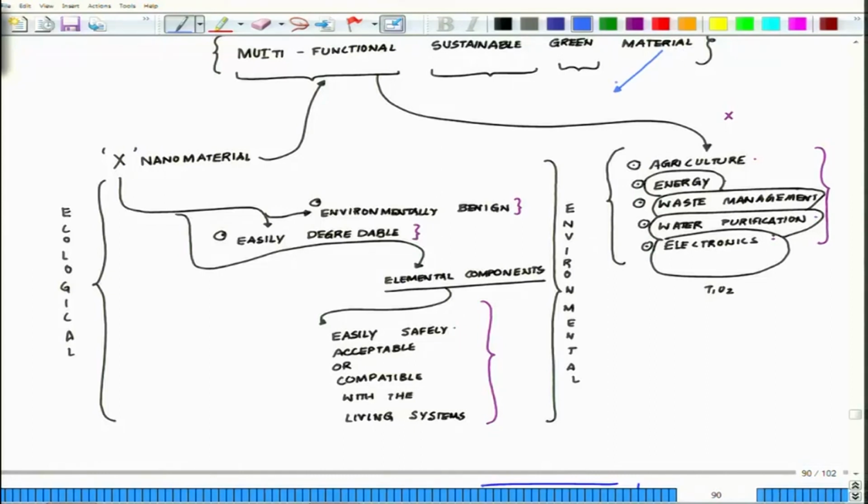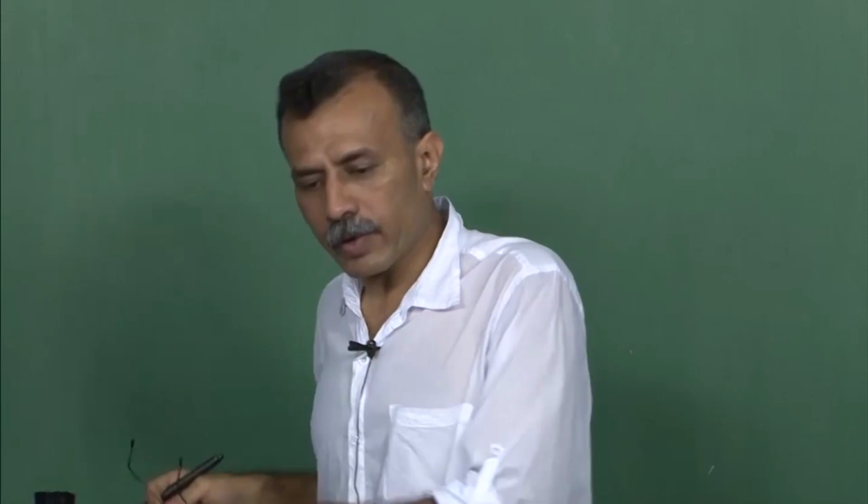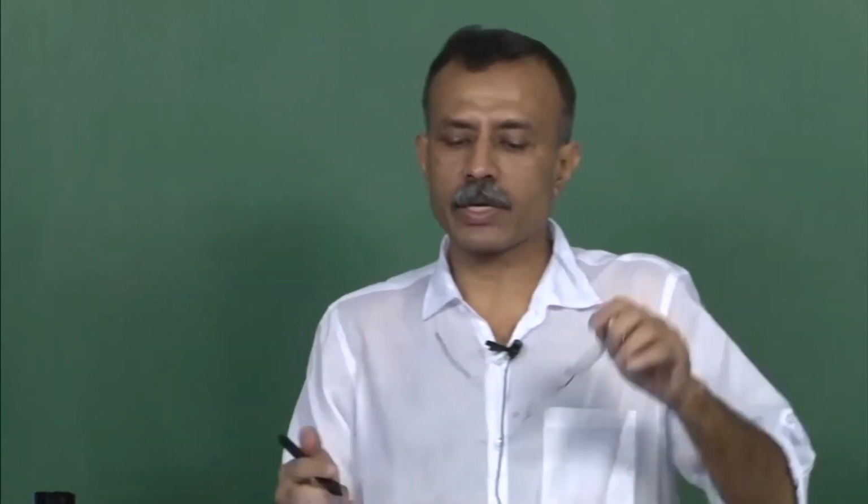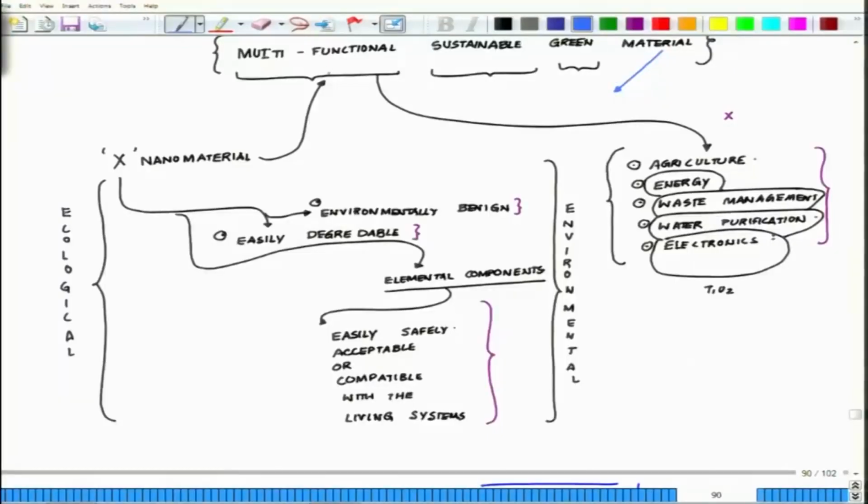If you look through the last 5 lectures which I have given, I am basically stressing multifunctional, sustainable green material having multiple applications: agriculture, energy, waste management, water purification, electronics, and other miscellaneous applications. And in that context, we have talked about two case studies and FeS2.